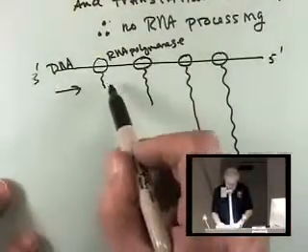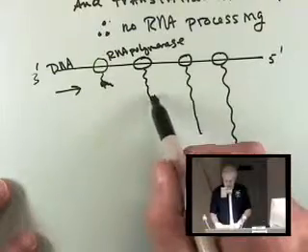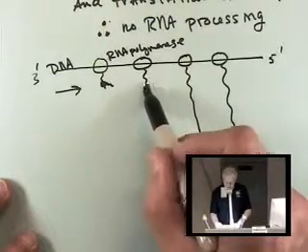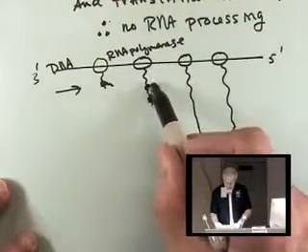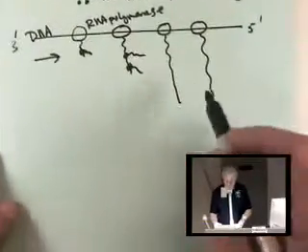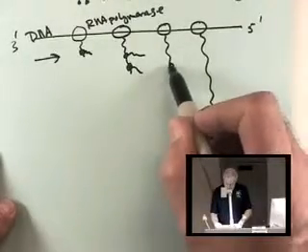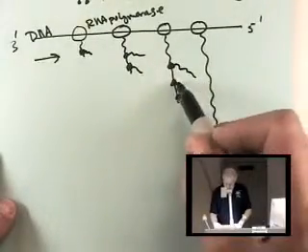And so as soon as it's available, a ribosome can jump on it and start making a protein. So this one might have a second ribosome a little bit farther along, and then the polypeptide is going to be longer. This one might have one that just got started, one that was farther along, one up here.